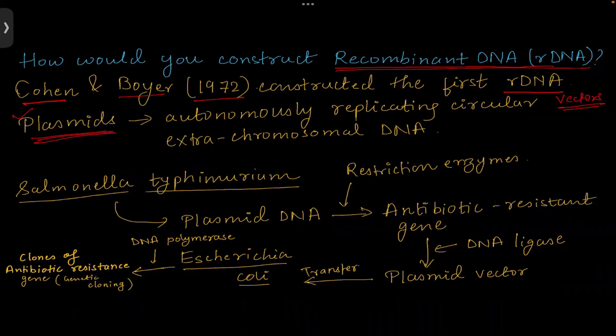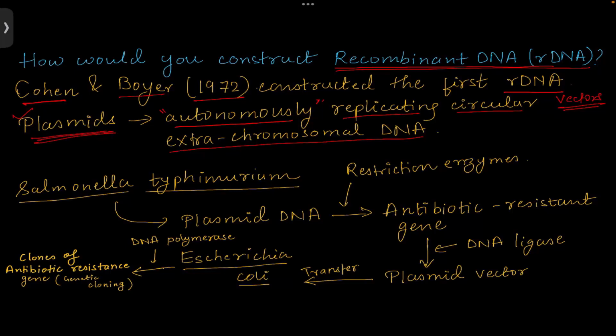You have already heard the term plasmid, but again, let me reiterate what plasmids are. Plasmids are autonomously replicating circular extra chromosomal DNA. They are autonomous in the sense that they can replicate on their own without the need of the host chromosome's origin of replication area.